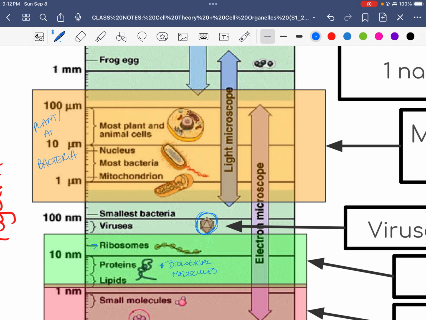Plant and animal cells are about 10 times larger than bacterial cells. Bacteria are bigger than viruses. Viruses are quite small, and they tend to infect these types of cells.